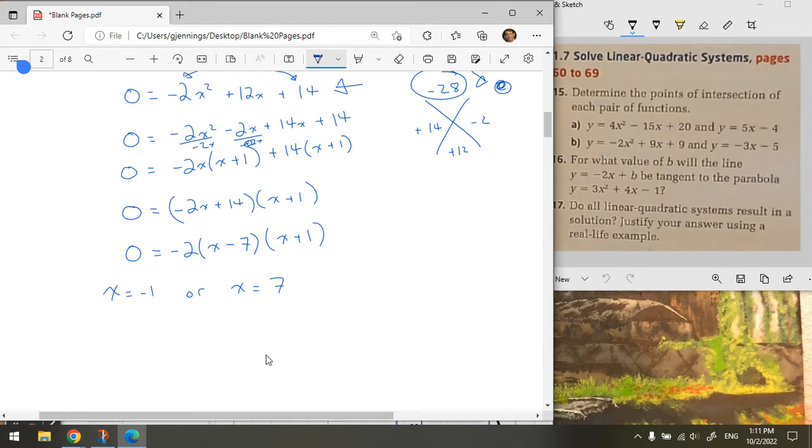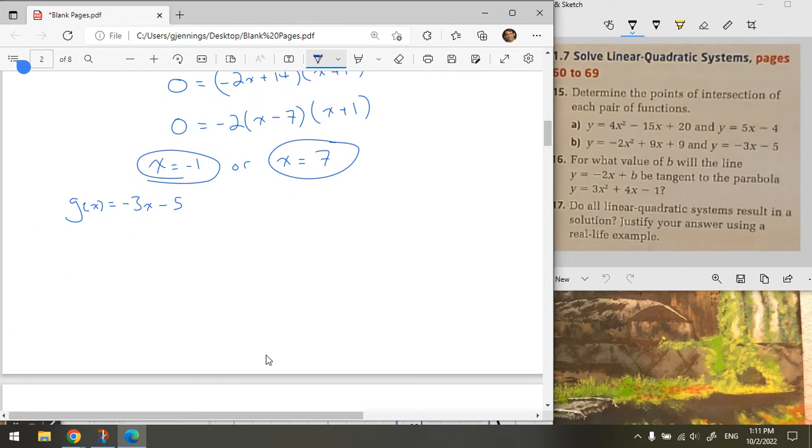Okay, let's find the values. So g of x was equal to negative 3x minus 5. And we're going to use that and substitute these two values of x to find the values of y. So g at negative 1 gives us negative 3 times negative 1 minus 5. This is negative 2.